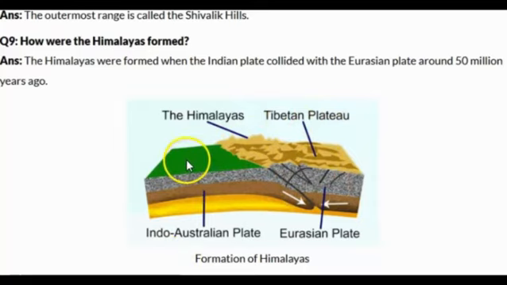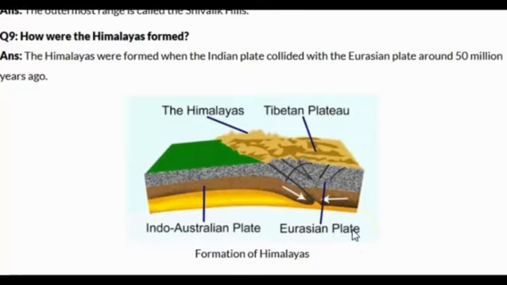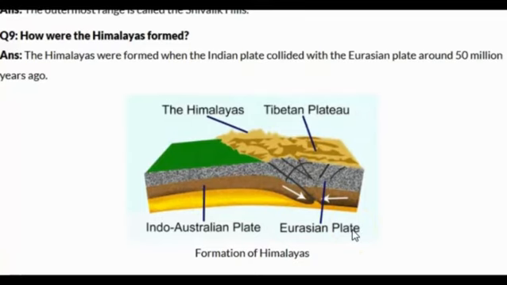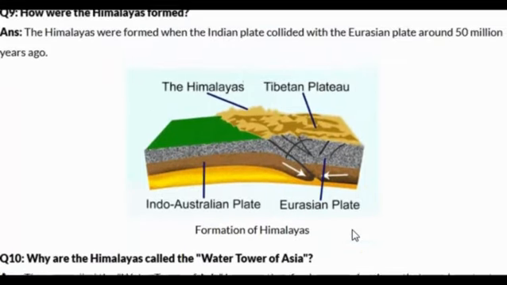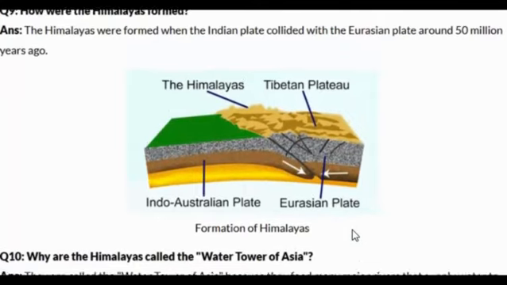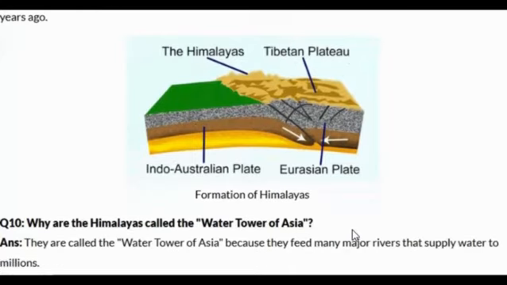Because the Indian plate was submerged into the Eurasian plate, this is how the Himalayas were formed. Why are the Himalayas called the water tower of Asia? They are called the water tower of Asia because they feed many rivers that supply water to millions.